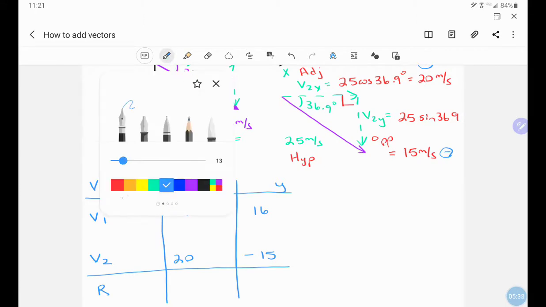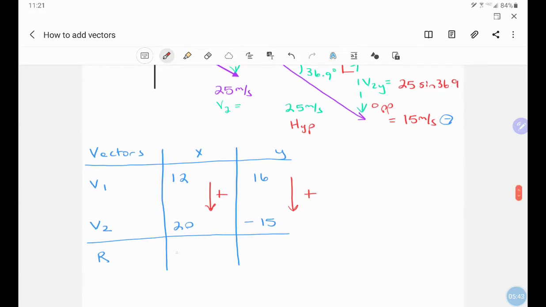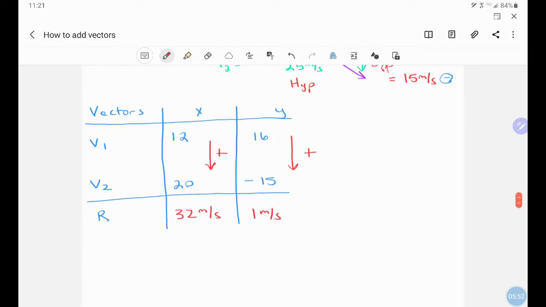Since we are adding them, that is the same as adding down the columns. So we get here 32 meters per second in x and 1 meter per second in y. So this becomes the x component of my resultant and the y component of my resultant.